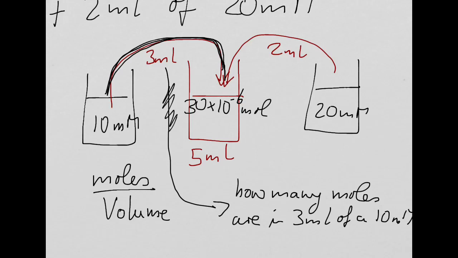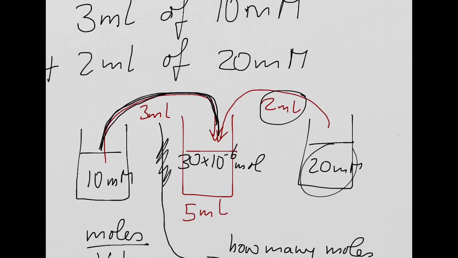Now, can I calculate the same thing for these 2 milliliter and the 20 millimolar? Can you quickly do that with this dimensional analysis? What do you get? Or shall we do it together? Nah, you can do it. What do you get? 2 milliliter of 20 millimolar.